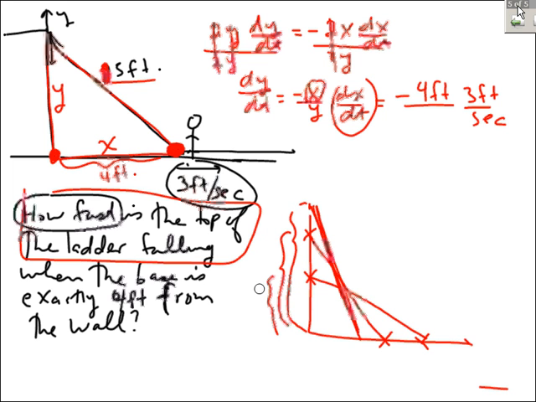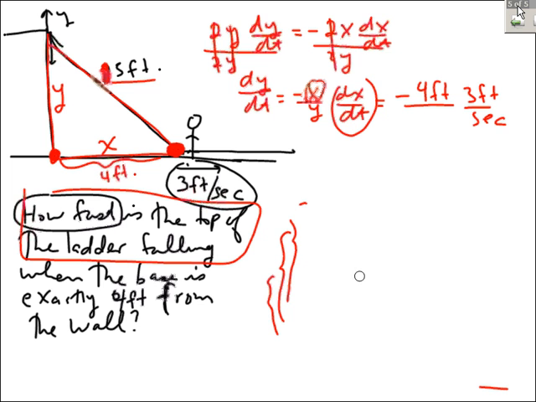The distance the ladder is from the ground is changing. That's what it means to fall. You drop a ball off the roof of your house, the distance the ball is from the ground changes. I mean, think about it. At some point, it's going to hit the ground.